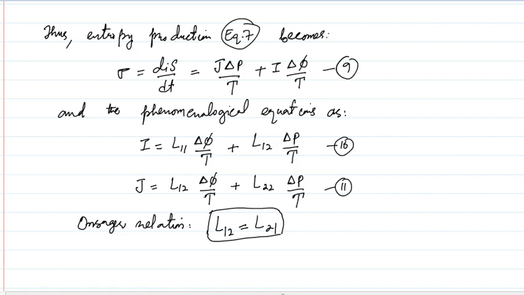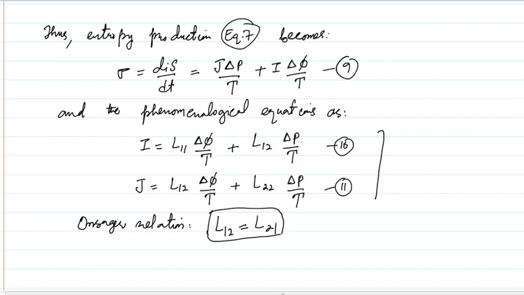Now we have basically dealt with two irreversible processes: one involving the transfer of matter under the influence of a difference of pressure, and the flow of electrical current due to the difference of electrical potential.